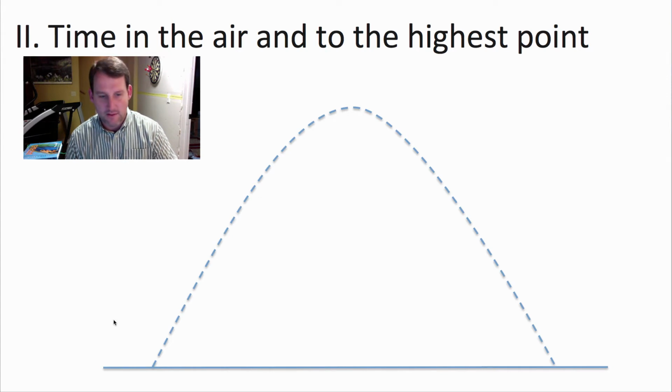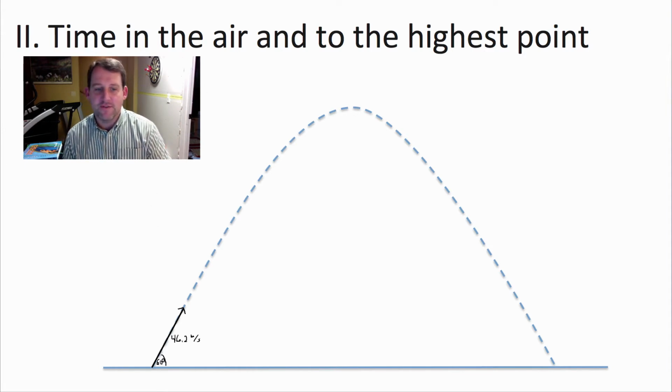We'll make this line. And let's say our starting velocity is something like 46.2 meters per second at an angle of 60 degrees.